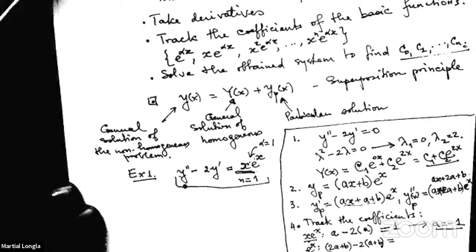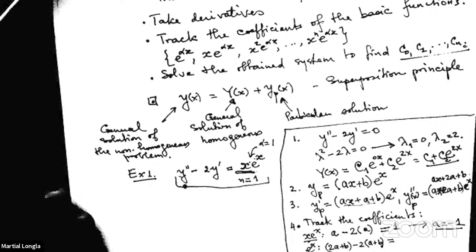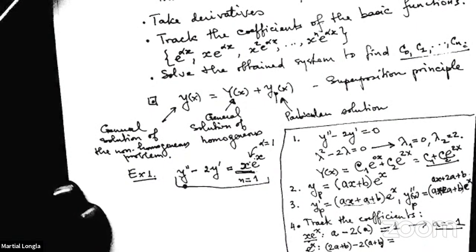I have 1 in front of x e to the x. Would it be x? X is not a coefficient, x is the function. And we tracked the coefficient of x e to the x already. Do you see any e to the x by itself on the right? So would it be 0? There is 0 because there is none. There's no e to the x by itself. So the coefficient of e to the x on the right-hand side is 0.